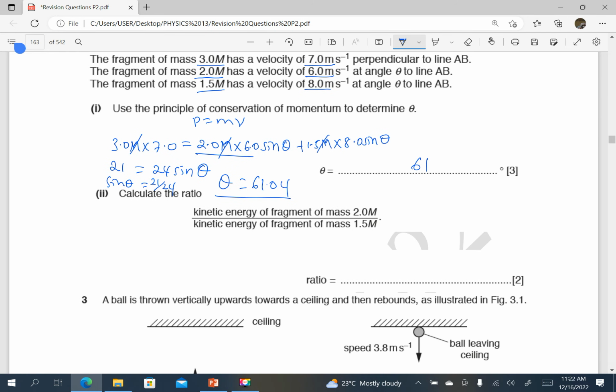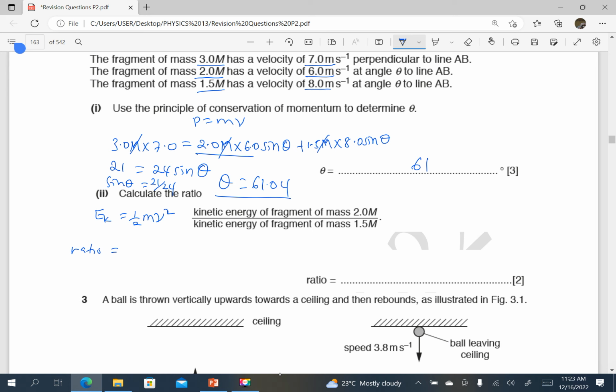Calculate the ratio of the kinetic energy of the fragment of mass 2.0m over the kinetic energy of the fragment of mass 1.5m. Remember, kinetic energy EK is half mv squared. So we now find a ratio.